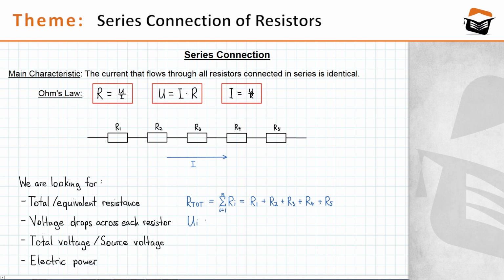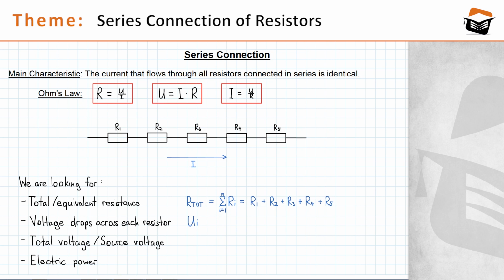And the voltage drop, as I mentioned before, is basically the voltage that you can measure if you connect a voltmeter to the clamps of a resistor. So if I take the resistor R1, and connect the voltmeter to the clamps of R1, here and here, the voltage that the voltmeter will be showing is the voltage drop across that resistor.